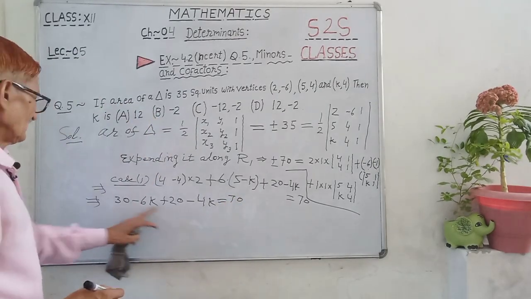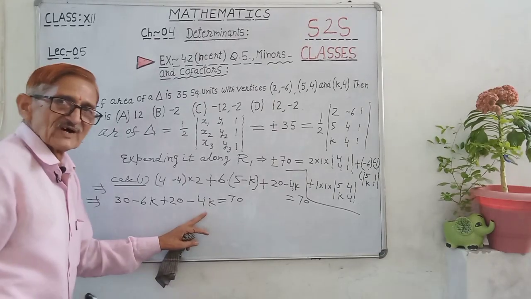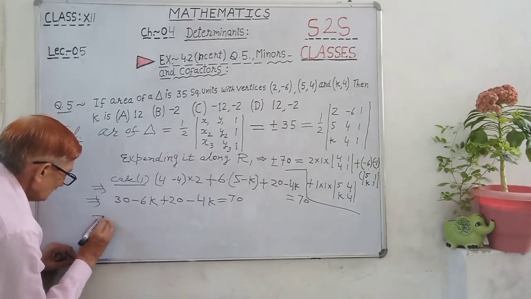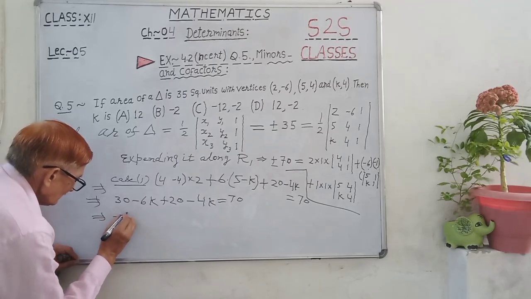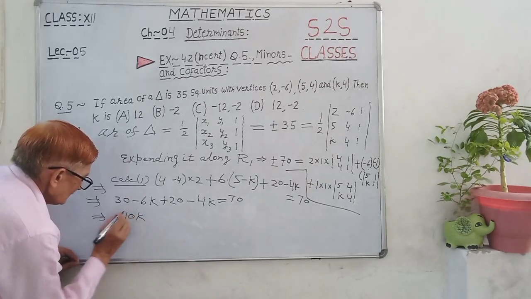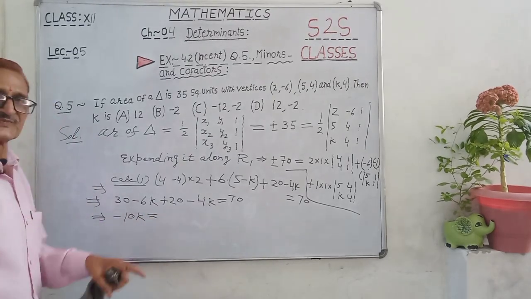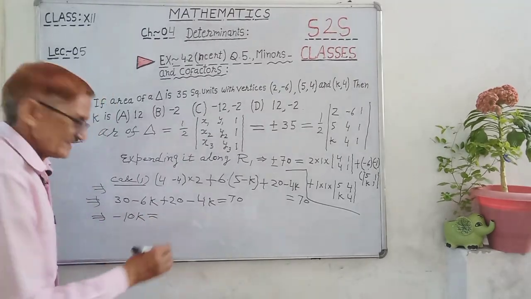Simplify 30 plus 20 is 50, 50 will go to that side, minus 6k minus 4k is minus 10k, is equal to 70 minus 50, 20.